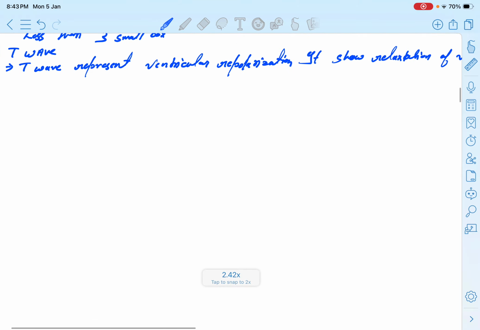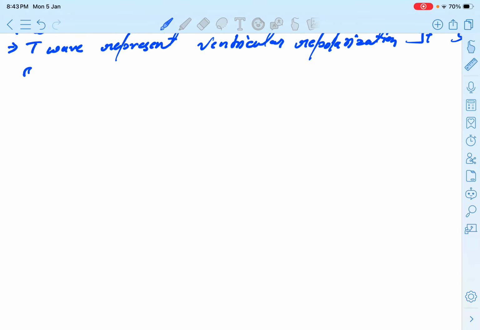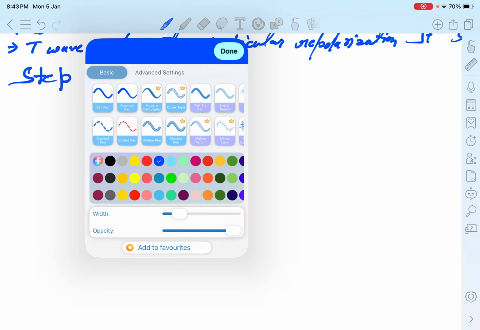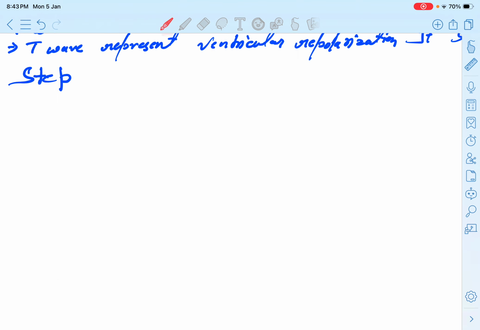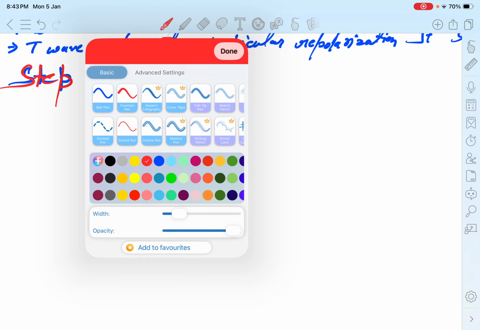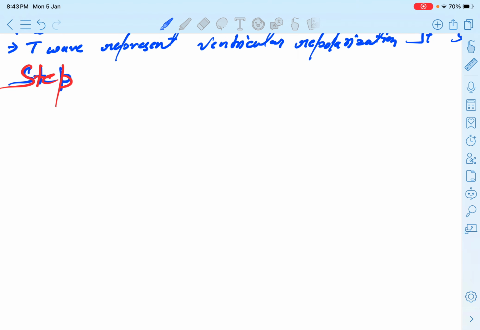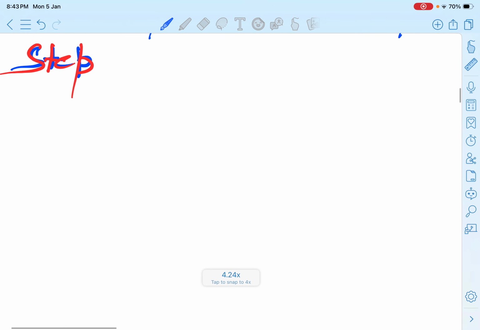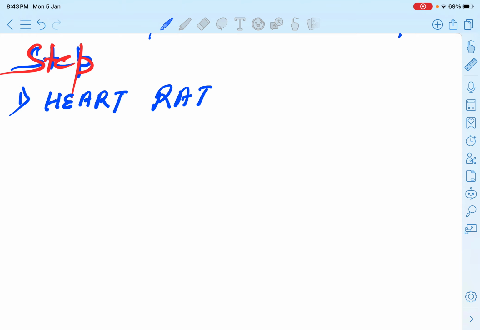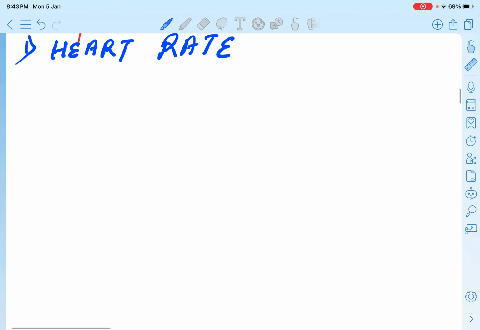Okay, now step by step reading ECG. Most important part. First step. I will highlight with red pen. Steps. Okay. First step we will read about the heart rate. First we calculate the heart rate. Okay.